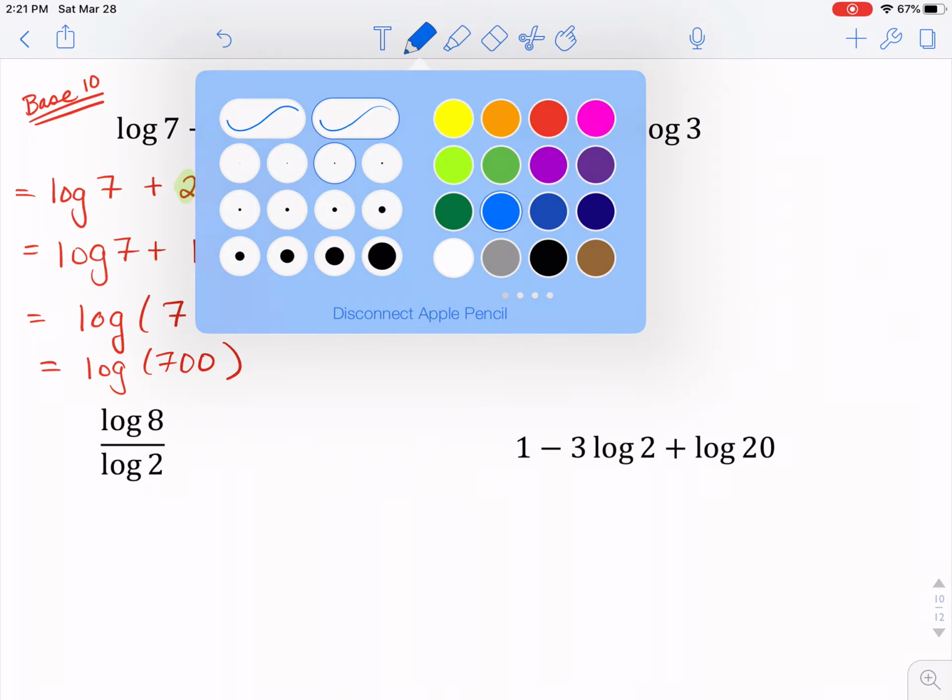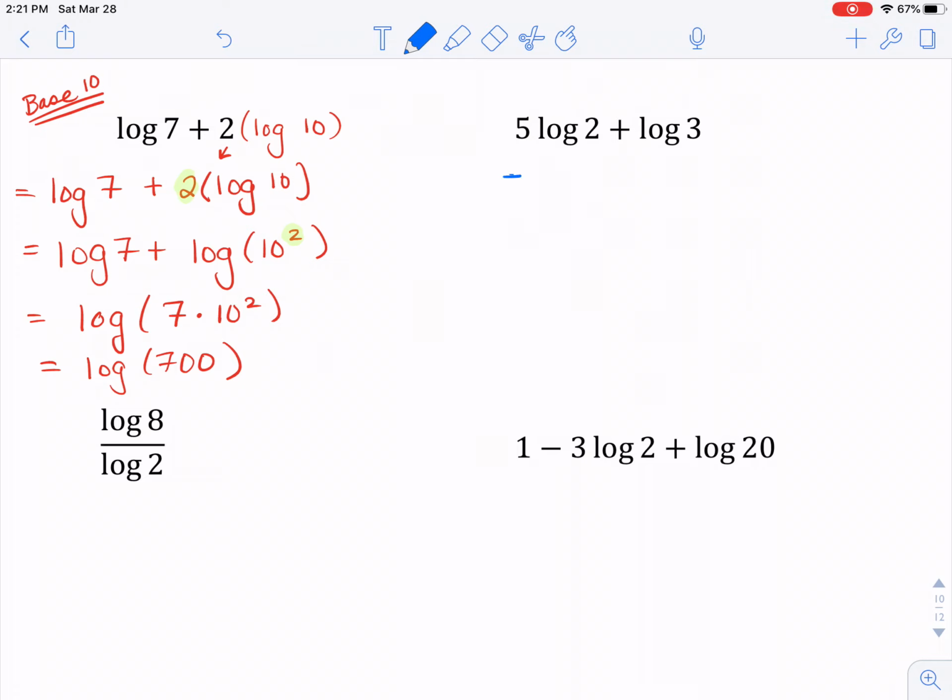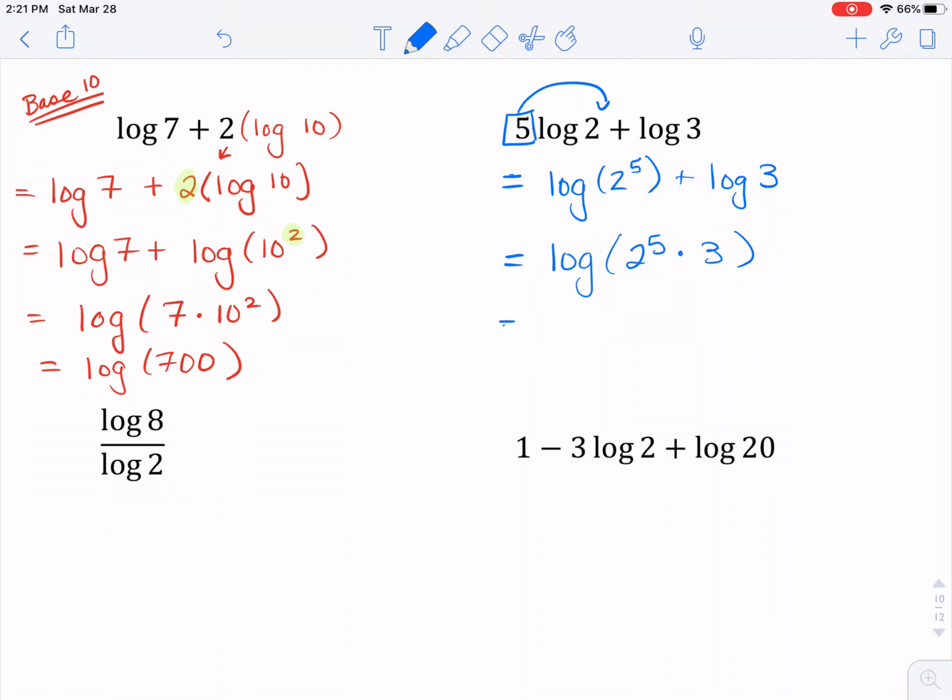So let's try the next one. Where's my 5 going to go? It's going to become the exponent of the 2. So it's going to be log of 2 to the 5th plus log of 3. Addition means that we're multiplying, so we're going to do log of 2 to the 5th times 3.